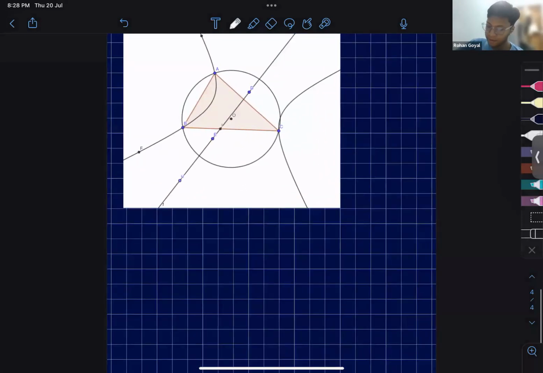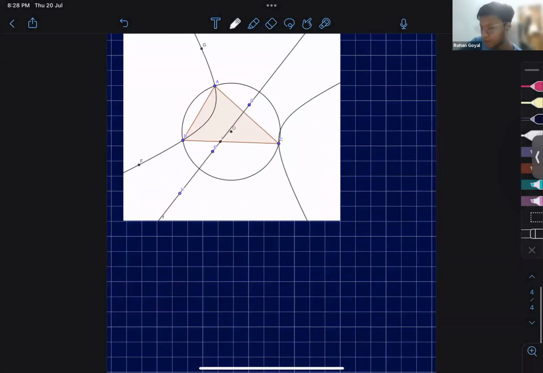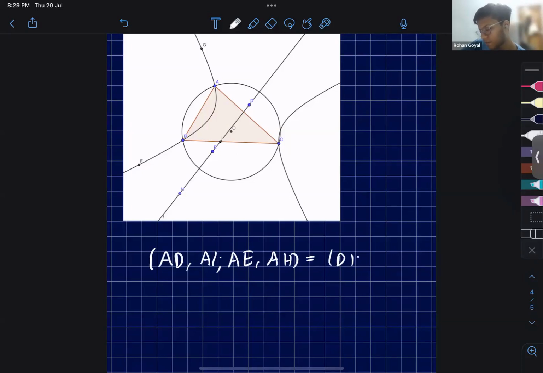So we write the cross ratio, for example. We don't need to worry about other points. Let's just say D and E are there and I is there. So the cross ratio A(D, I, E, H) is the same as the cross ratio (D, I, E, H).